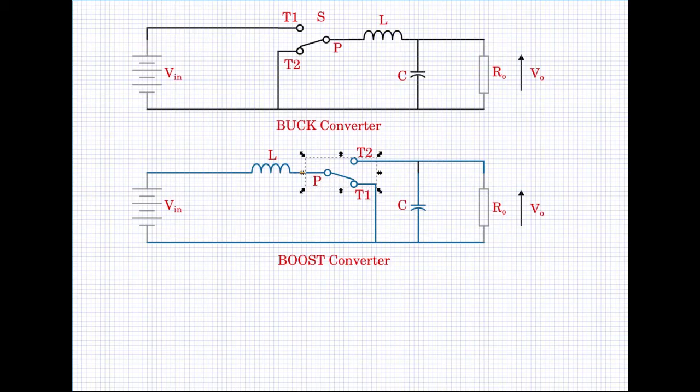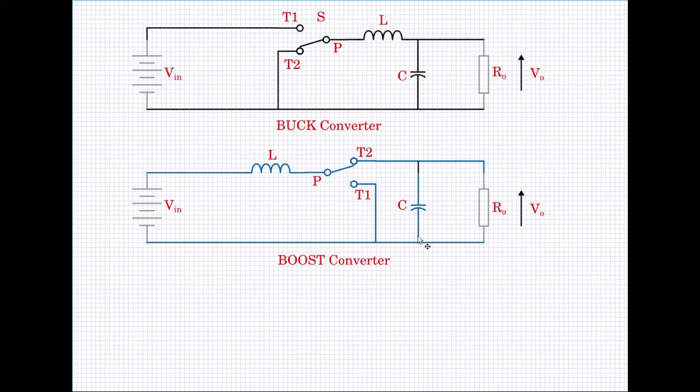Then when the pole is switched to T2, the inductor current cannot go to zero. So it has to go through pole T2 and then the output capacitance and the load and flow back. So the inductor will discharge the magnetic energy to the output.